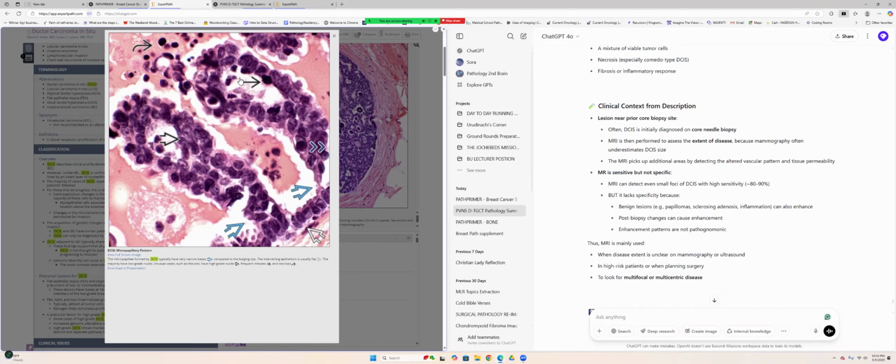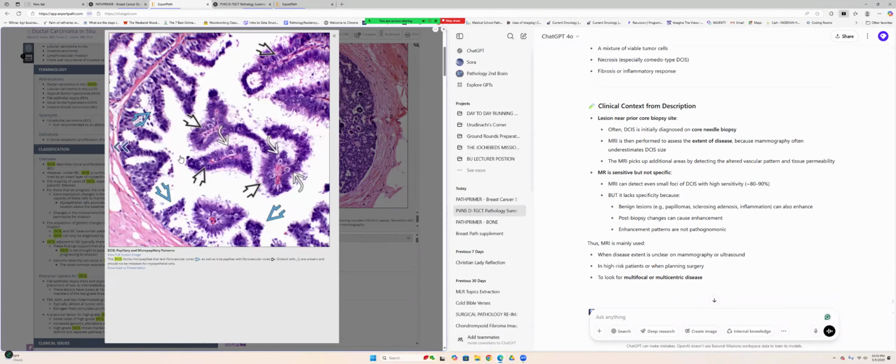In the micropapillary pattern, the micropapillae formed by the DCIS typically have narrow bases. I remember we saw before that there will be hyperchromasia at the tip of the micropapillae. If you look here, the bases are narrow.